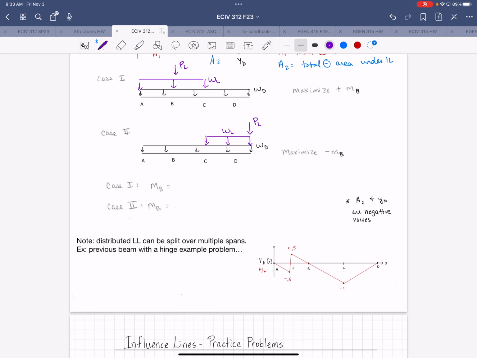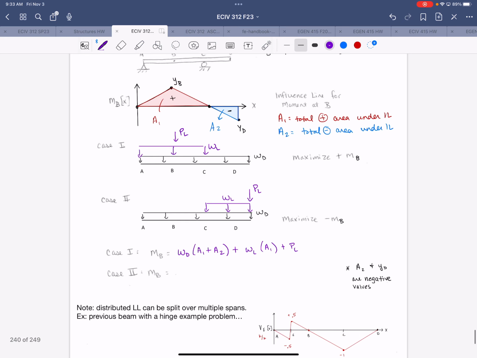For the first case, the moment at B would be equal to the distributed dead load, WD, times both A1 and A2, where A2 would be a negative value that you'd input into this calculation, plus the uniform live load times the area A1, plus the point live load times the magnitude of the influence line at B, which I've noted as YB.